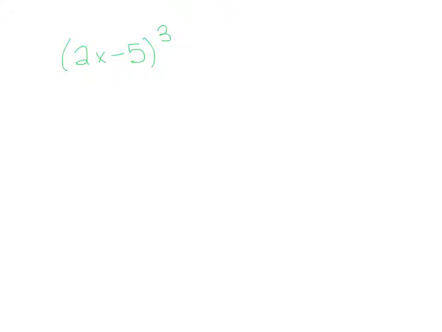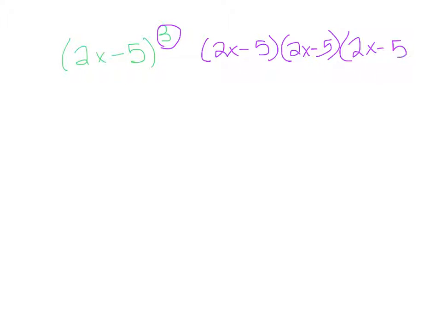I also want to explore what happens when we're bringing something to the third power or any higher power. What you need to think of this as is 2x minus 5 times 2x minus 5 times 2x minus 5. This is 2x minus 5 to the third power. For me, what I like to do is multiply two of them together initially.